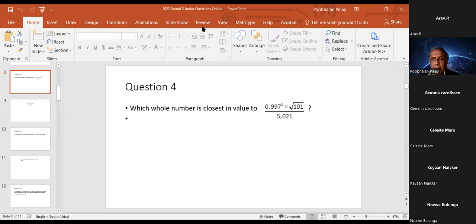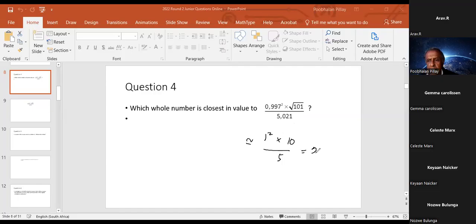You need to approximate them with integers, and that's very easy because this is almost 1.99. So it is approximated like that. The square root of 110, the closest integer is the square root of 100, which is 10. At the bottom, this is 5.021, and the closest integer to that is 5.